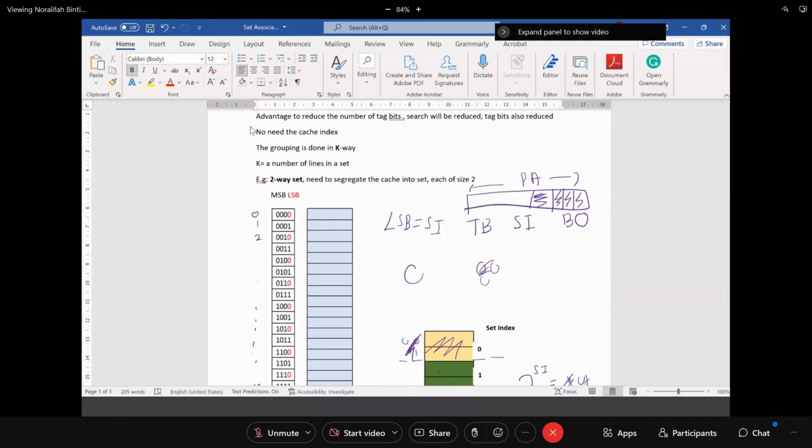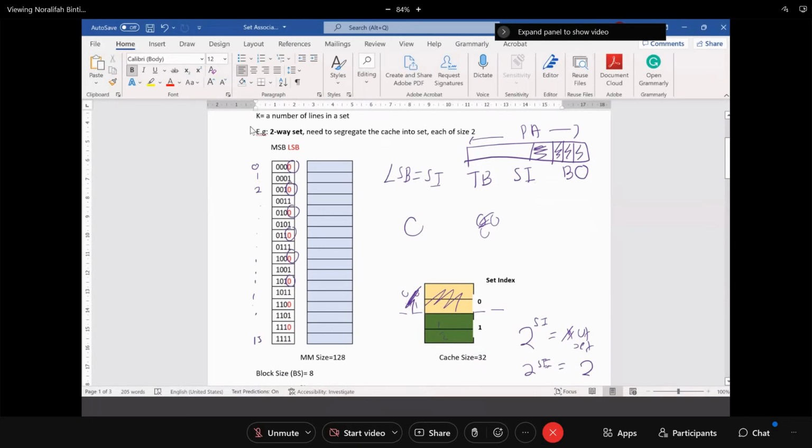So a block index with least significant bit of 0 is placed into set index 0. Dia ada dua line, so dia boleh letak sini, dia boleh letak sini.